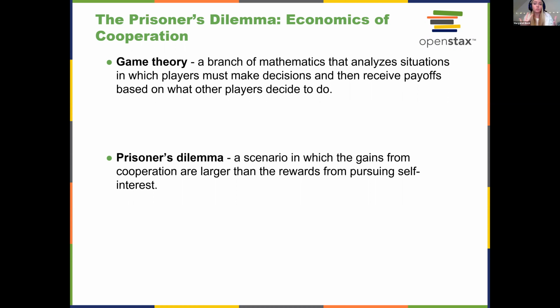So, to summarize that definition, game theory looks at interdependent behaviors of different individuals, of different companies, of different countries even, and analyzes what the outcomes of these interdependent actors are.